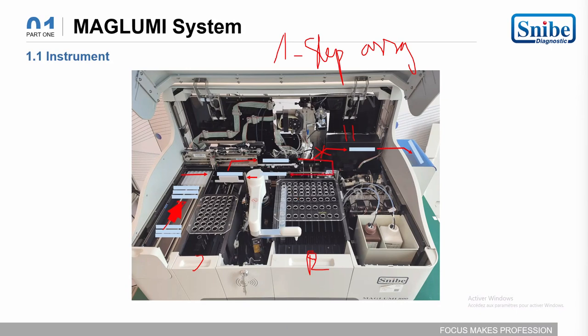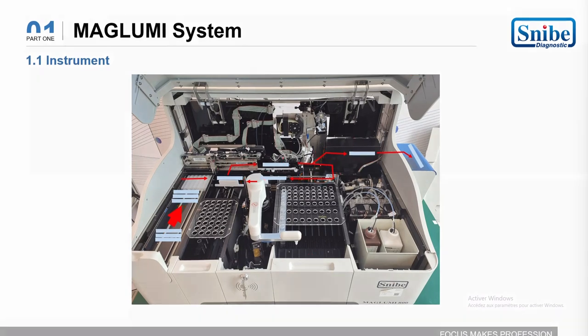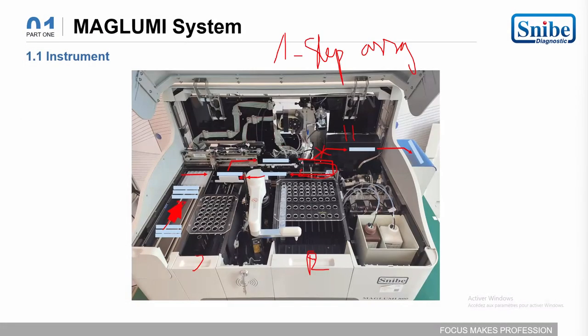Then the cuvette will be sent again for incubation, the second incubation. After the second incubation finishes, the cuvette will be sent again to the washer for a second 3-cycle wash. After that, the cuvette will be sent to the chamber, add starters, make the measurement, and then discard the cuvette.